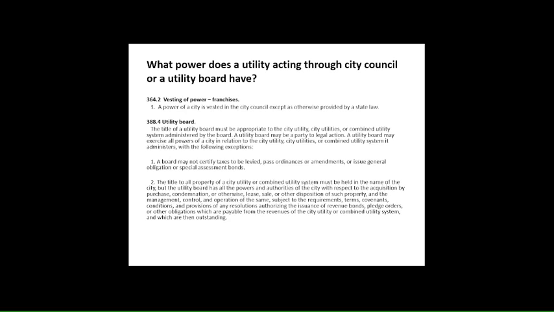Well, the next section, 388.4, vests power of the city in another board. The second sentence: a utility board may exercise all powers of a city in relation to the city utility. So what are the powers that the city council has retained, and what are the powers that the utility board has in relationship to one another?